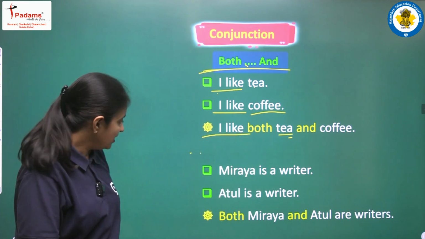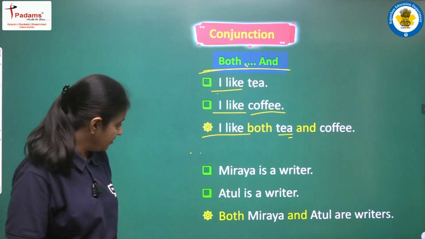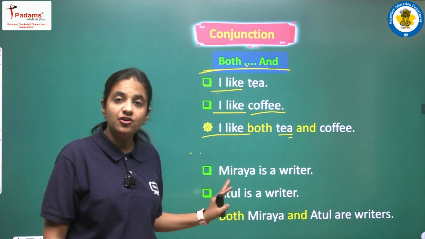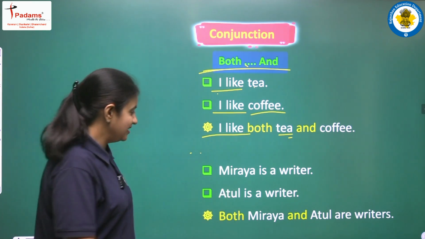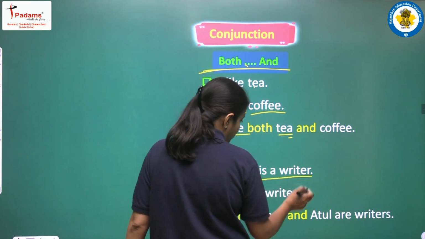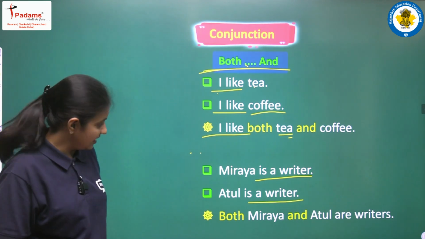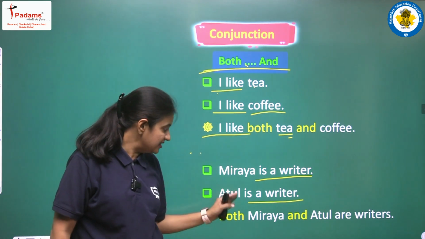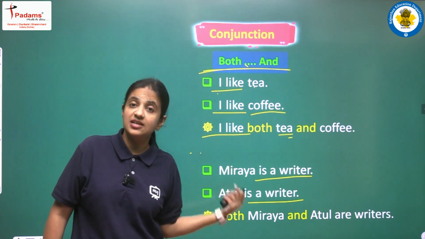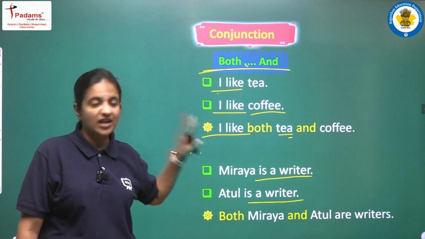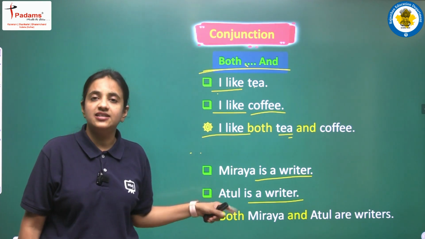Alright. One more example we are having here. Let's see. Miraya is a writer. Atul is a writer. Again in these sentences we can see that a certain part is common, similar in both sentences, and in this example we have different subjects. In the first sentence Miraya is the subject, and the subject of the second sentence is Atul.